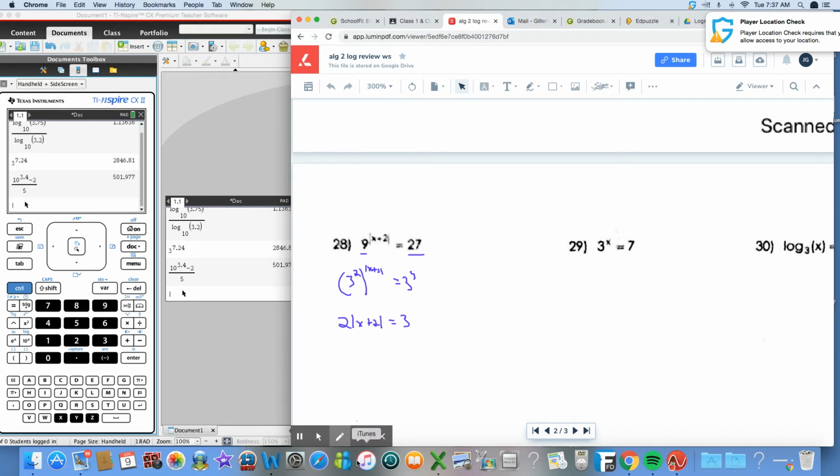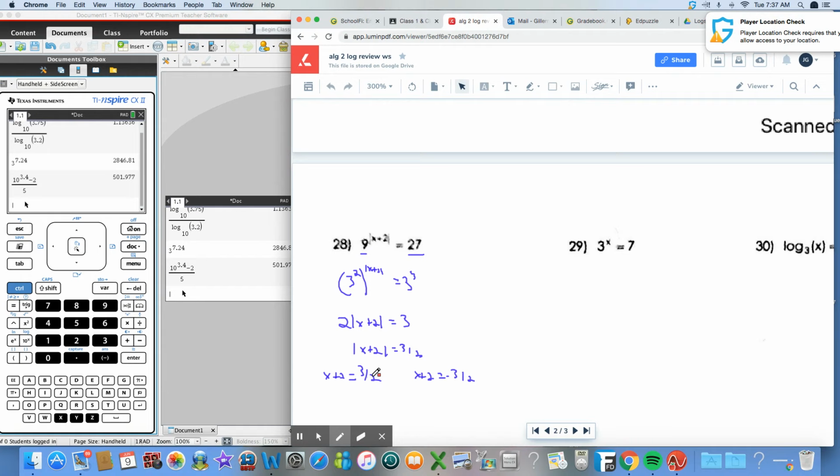So to do an absolute value type, you have to make 2 equations. Before you do that, you have to isolate the absolute value. So I divide by 2, and I get the absolute value of x plus 2 equals 3 halves. So 1, I leave exactly the same, leave everything in the absolute value, and this is the same. And then I do x plus 2 equals negative 3 halves.